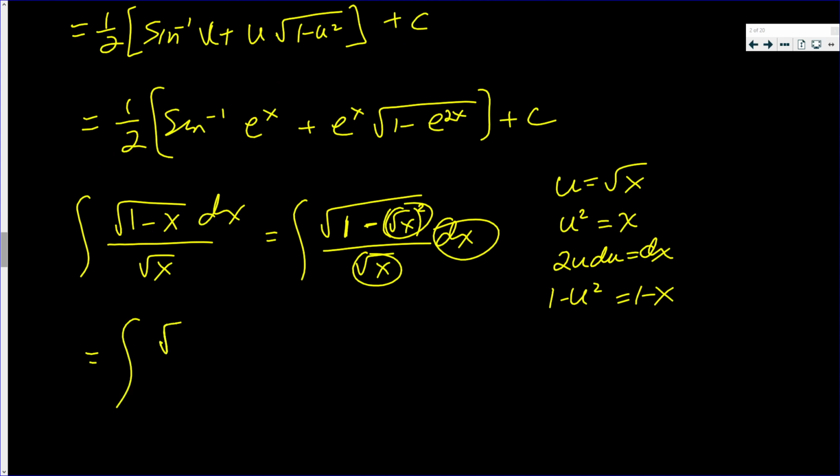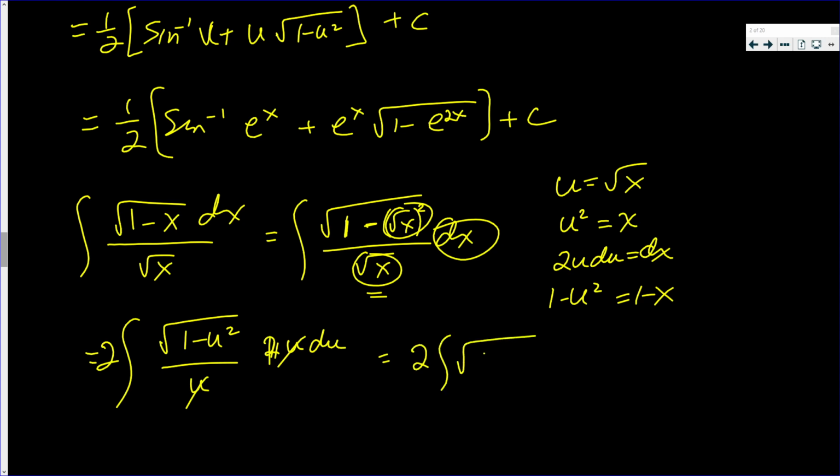What's underneath the square root sign is 1 minus u squared. What's in the denominator, square root of x, that's u. And dx is 2u du. Well, the 2 I'll pull out in front, and I'll say goodbye to the u. So I have 2 times the integral of the square root of 1 minus u squared du.